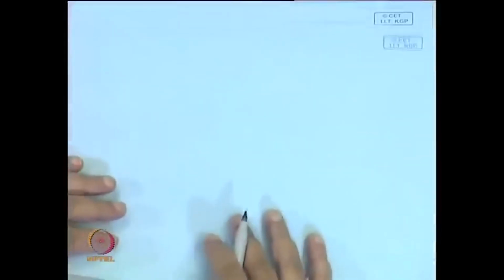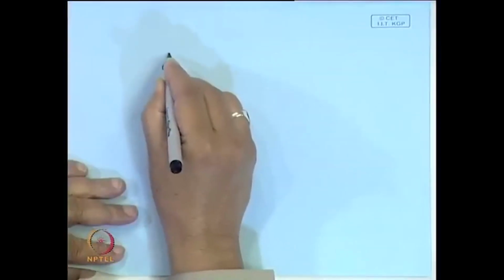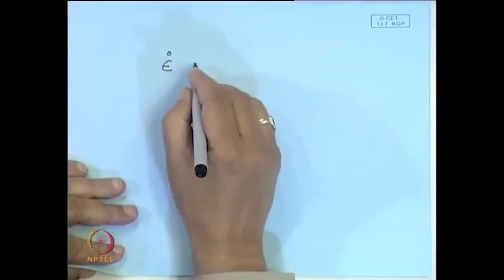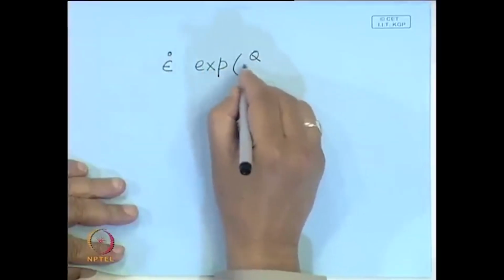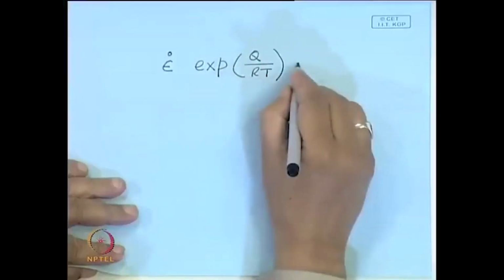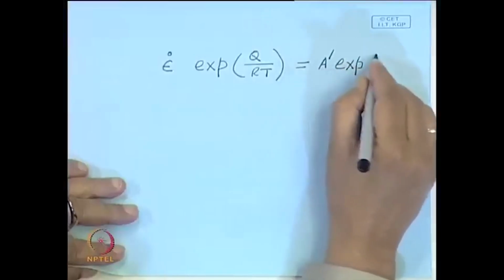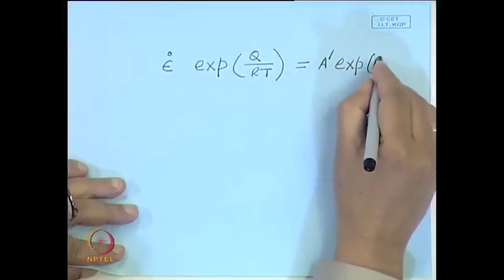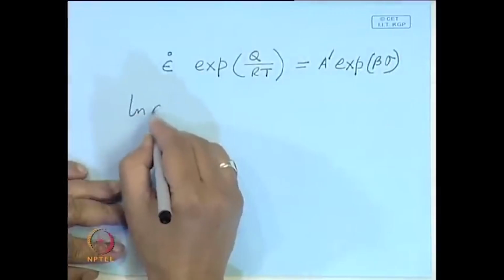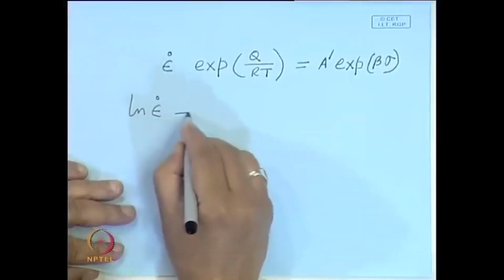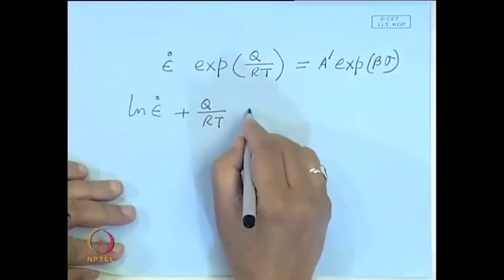You can easily see it from the same equation, the Zener-Hollomon parameter: strain rate times exponential of Q over RT is equal to, say, A exponential beta sigma, and in logarithmic form this is Q over RT.